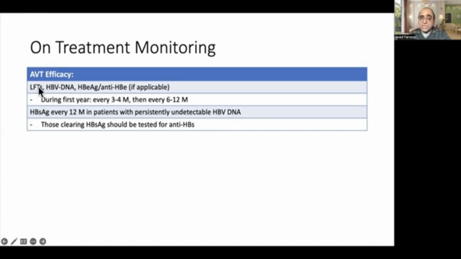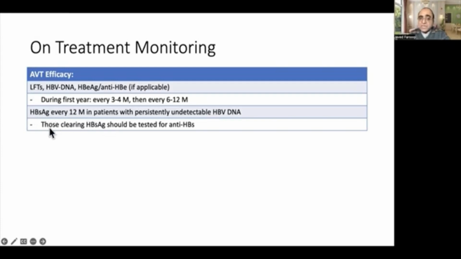Initially, we check the liver function test, the ALT levels, the DNA levels, and E antigen status every 3 to 4 months during the first year, and then every 6 to 12 months. And when the patient's E antigen becomes negative, there is E antigen seroconversion if applicable, and the patient has persistently undetectable HBV DNA levels, then we check HBs antigen every 12 months.